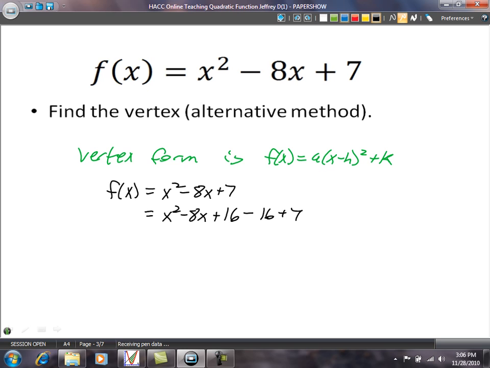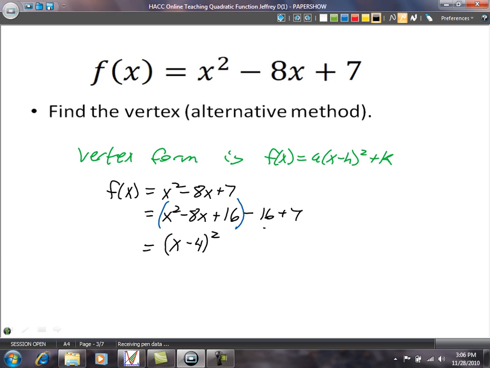Although 16 minus 16 is 0, and you can see that you have your same function, x squared minus 8x plus 7, there's a reason to do that, because that gives you this perfect square. So we can find the perfect square. This is going to be (x minus 4) squared.